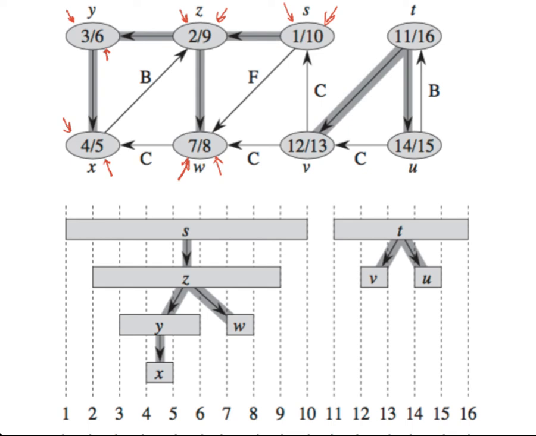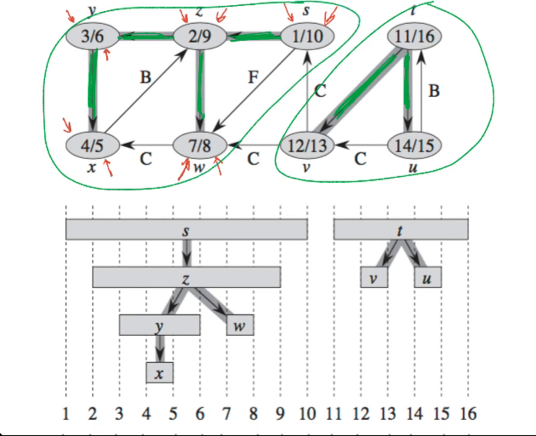Now, let's mark in green every edge in the depth first search tree. So there are two trees going on here, right? We have this tree here. We have this tree here. Okay, parenthesis structure.